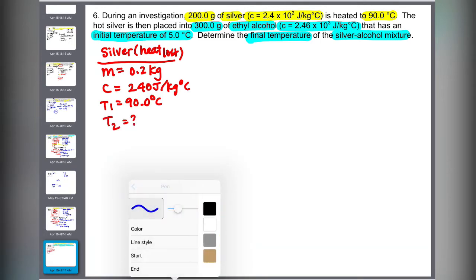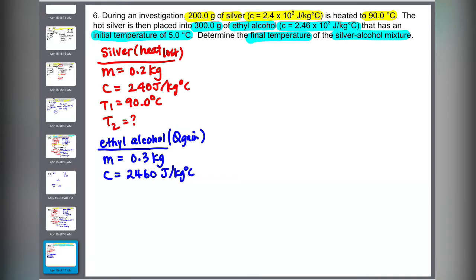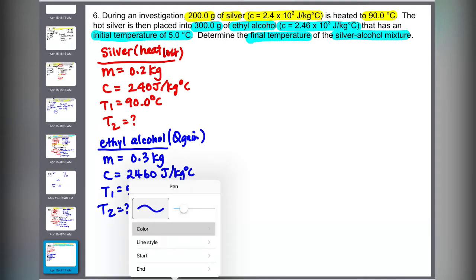That's what I'm looking for. Then the alcohol, this is the heat gain. I have 300 grams, so 0.3 kilogram. Specific heat is 2460. I just expand out the scientific notation. It has an initial temperature of 5, and they're asking for what is the final temperature.